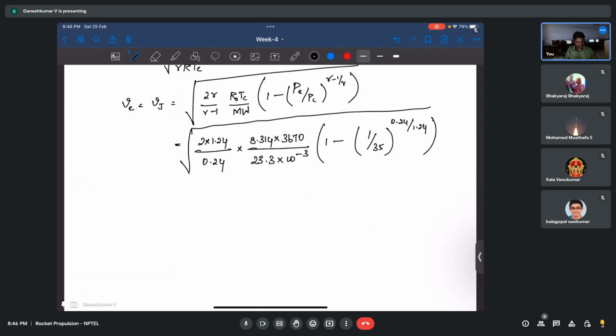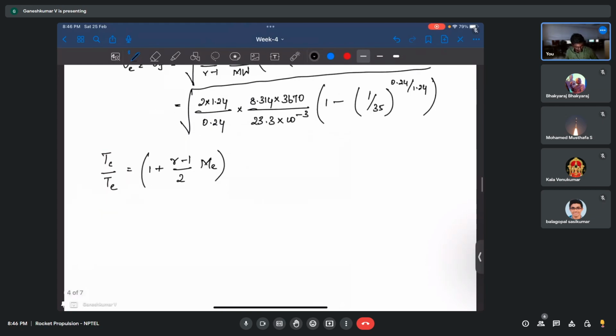Or there is a more intelligent solution. You can use the total temperature, which is nothing but Tc by T exit.